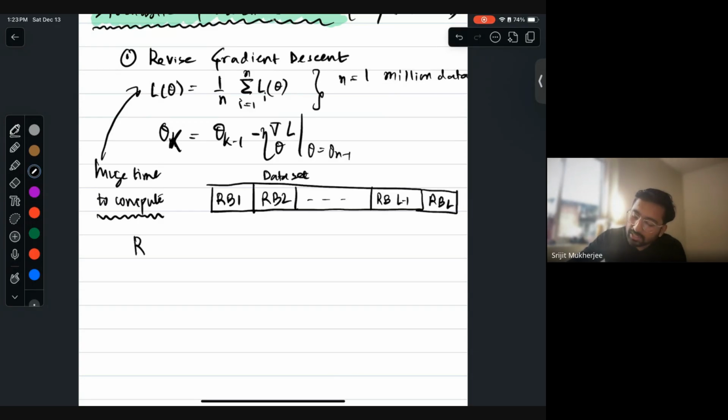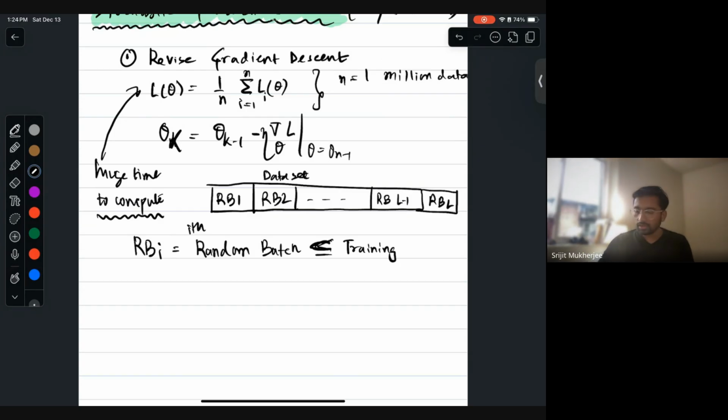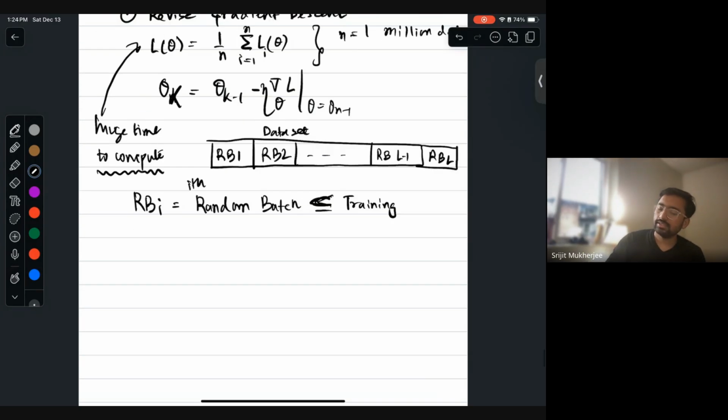Where RBi is nothing but a random batch, the ith random batch, which is a subset of the entire training dataset.